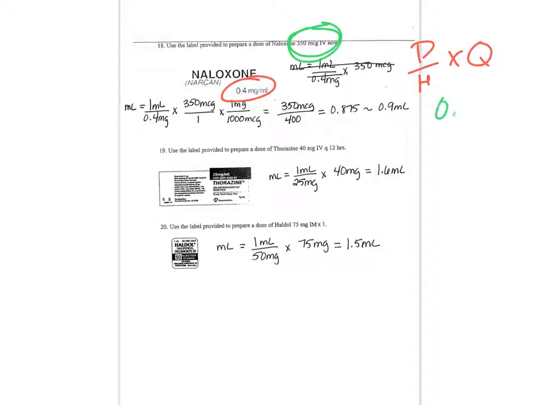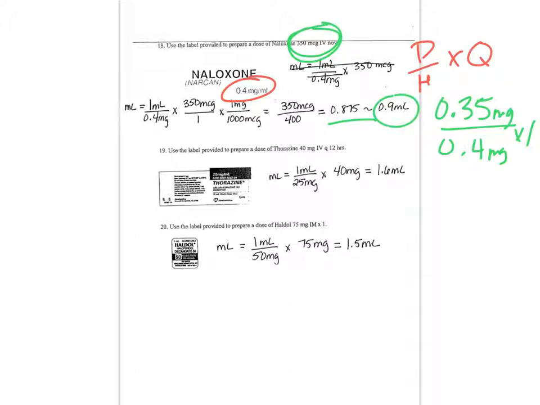That makes 0.35 milligrams divided by the dosing on the package, 0.4 milligrams per 1 milliliter. So it'd just be 0.35 divided by 0.4, and it gives you 0.875, rounded to the tenth there.